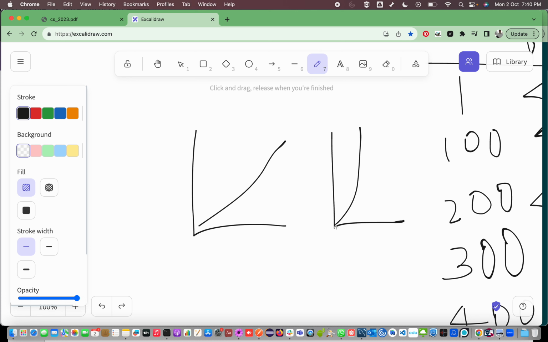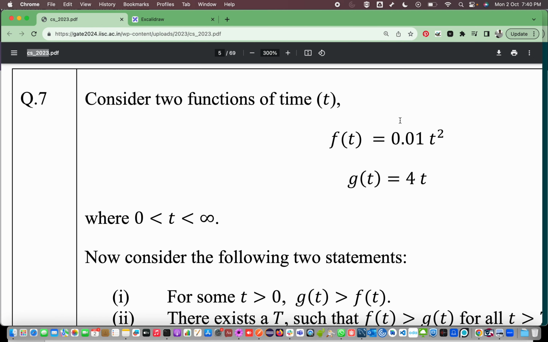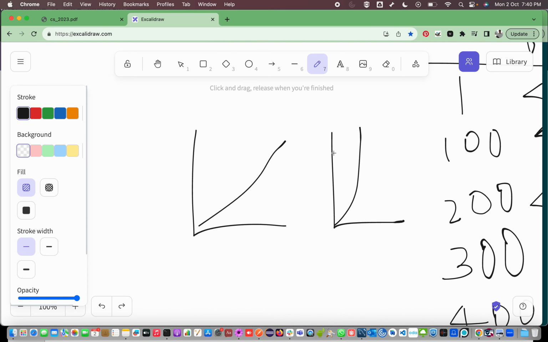T equal to 0 means f is also 0, so this curve passes through the origin. At t equal to 100, f is also 100.